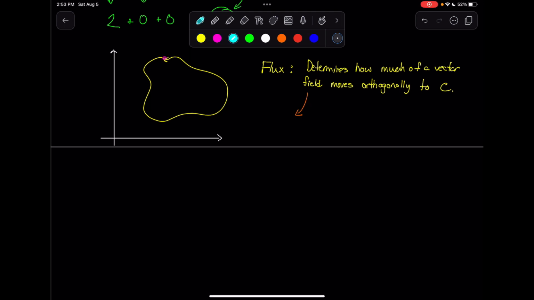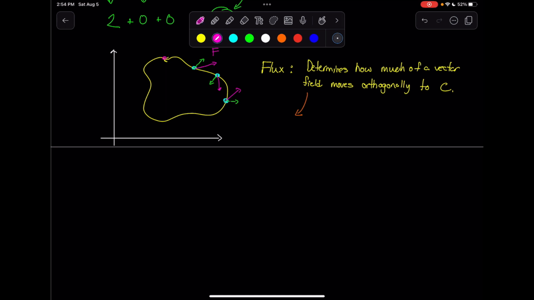What we can do is at every single point on this path, there is some vector from our vector field doing something. And what we are interested in is how much of that vector from our vector field F is going orthogonally to our path C. That is what we are interested in.